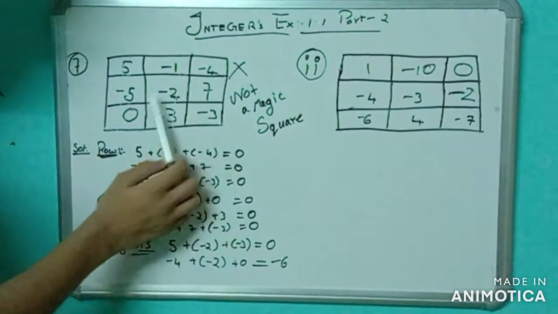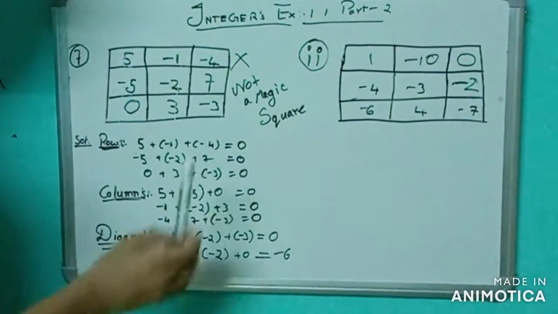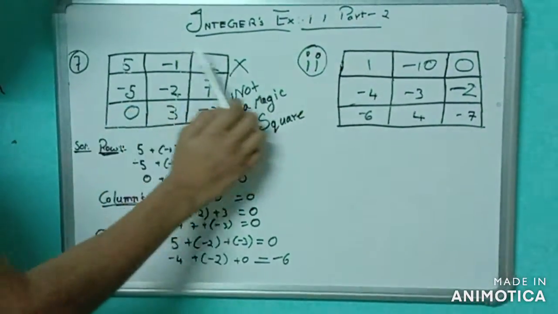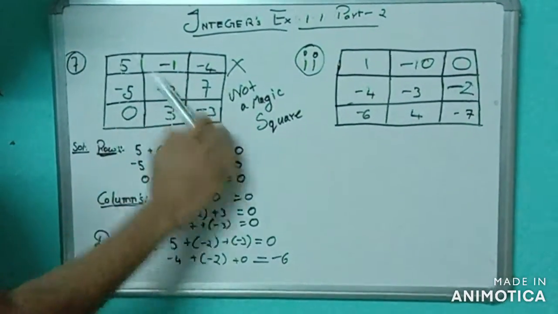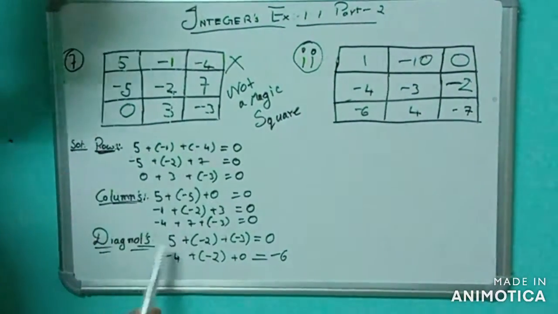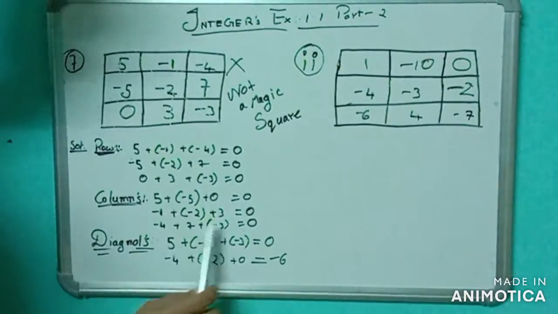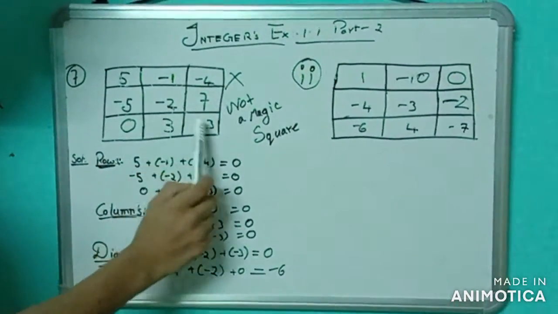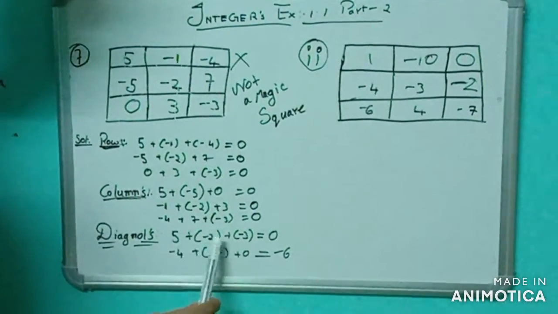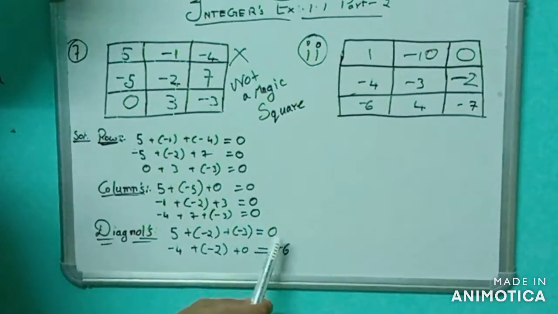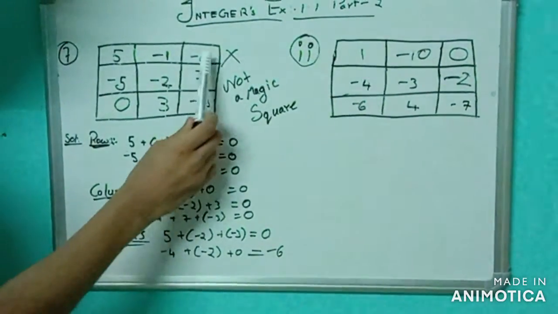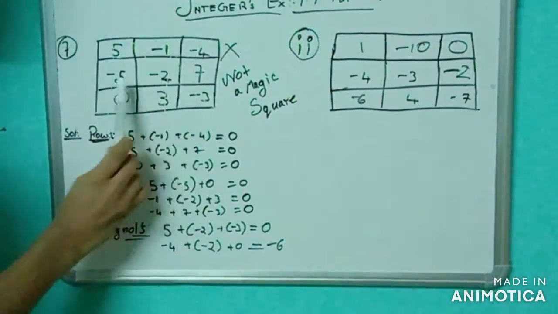Diagonals are the cross lines. In a square, these are the sides and these are the diagonals, right? So this is a type of square. Then the diagonals: 5 plus minus 2 plus minus 3. So 5 plus minus 2 plus minus 3 is equal to 0. And here minus 4 plus minus 2 plus 0.